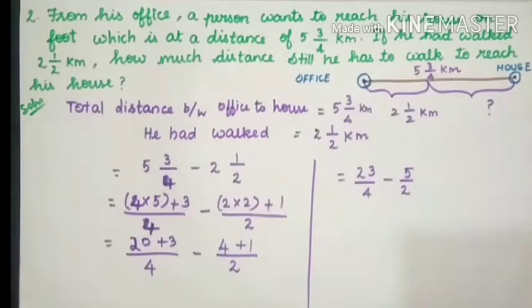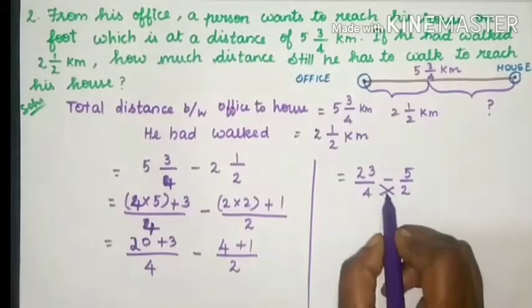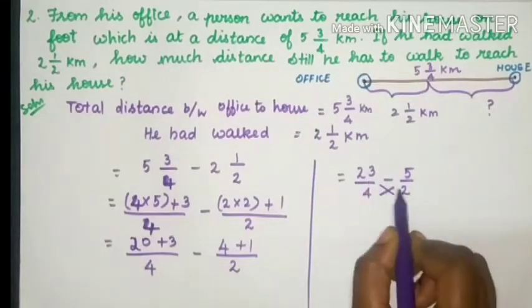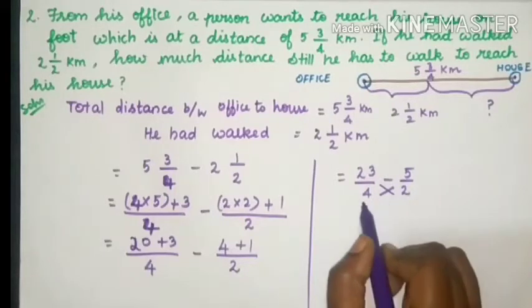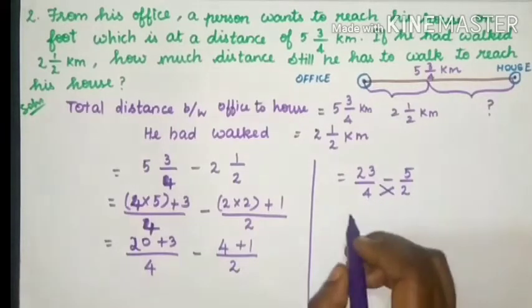To find the common denominator, you have to use the cross multiplication method. See, the first fraction numerator into second fraction denominator, minus the second fraction numerator into first fraction denominator.